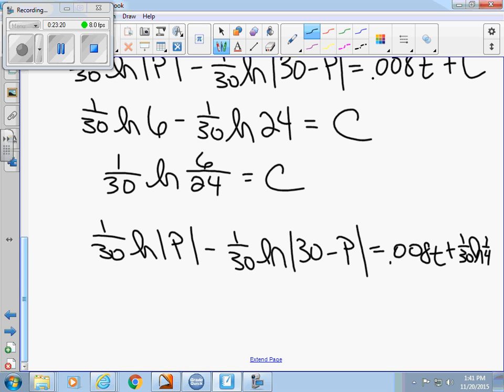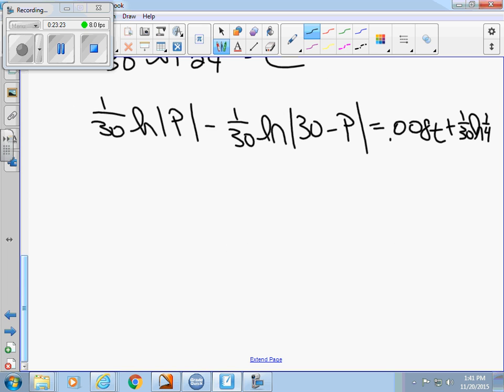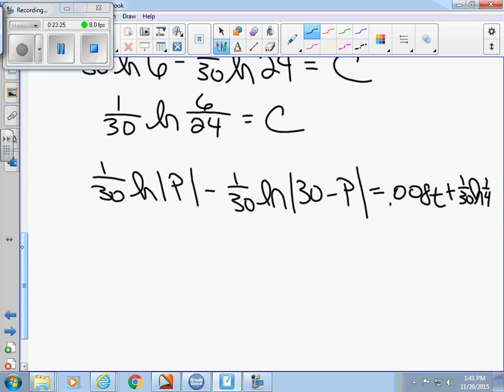And I need to get P by itself. What's the first thing you would do? Multiply by 30. Multiply everything by 30. I agree. You could have actually done that a long time ago if you wanted to. At some point you need to. So I'm going to get the natural log of, and I am going to get rid of the absolute values at this point, and it's because of the initial value on it. Do you agree that my population is not negative and it's not bigger than 30?